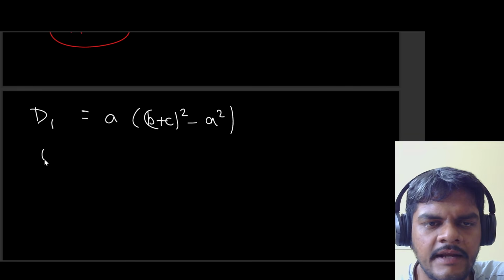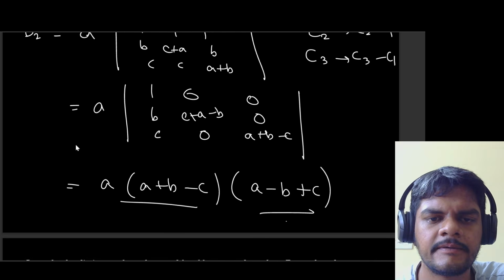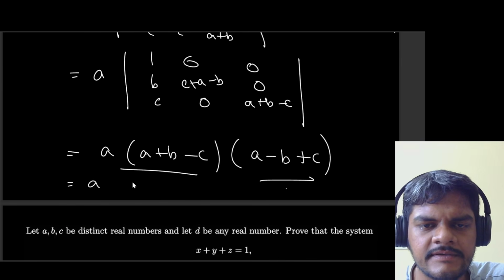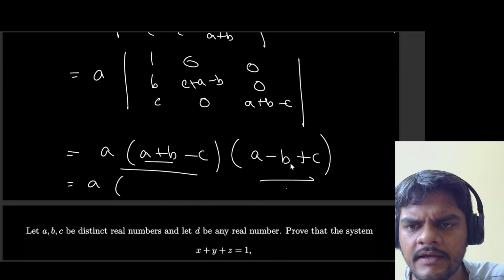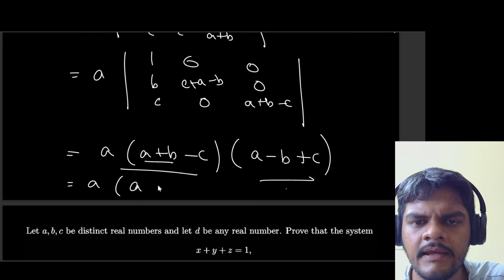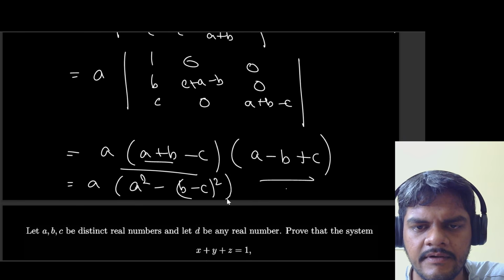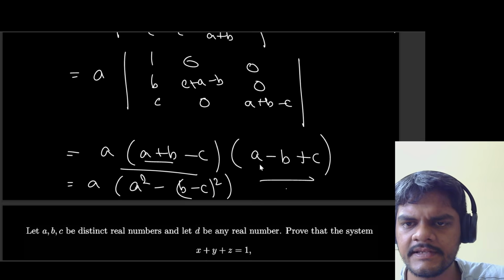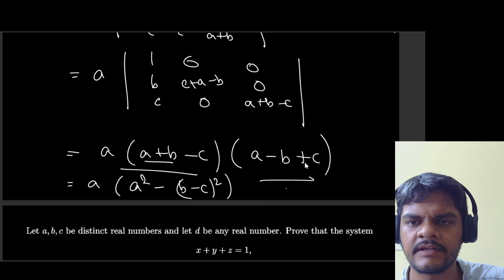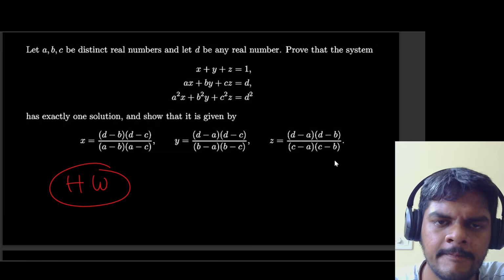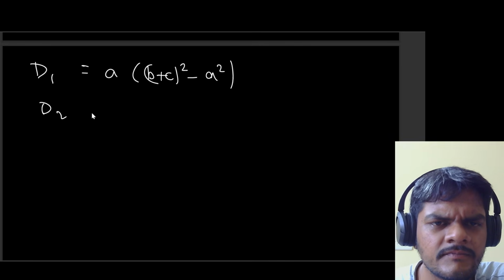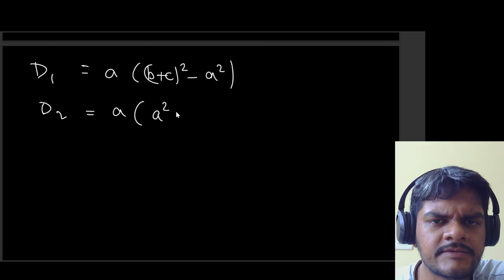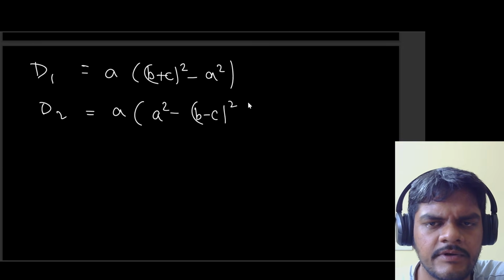And D2, if you see this carefully, is also A into A square minus B minus C whole square. All right, you see this? A square minus, so B minus C, A minus B minus C. So A into A square minus B minus C square.